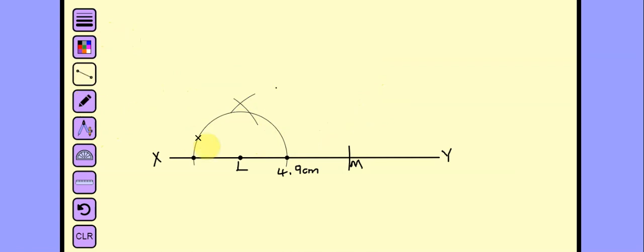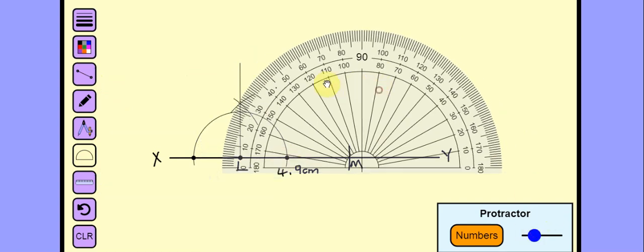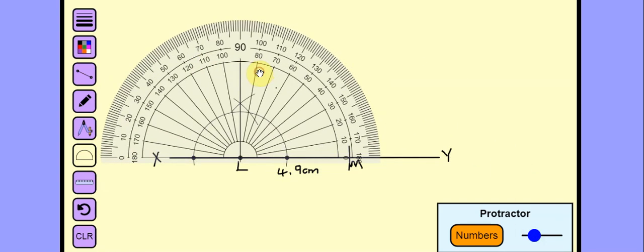With that, we have formed a 90-degree angle at L. So we draw a straight line through the point L and the intersection of those arcs. And you can always place your protractor on it just to make sure you are getting 90 degrees. Alright, wonderful. I am getting 90 degrees there.